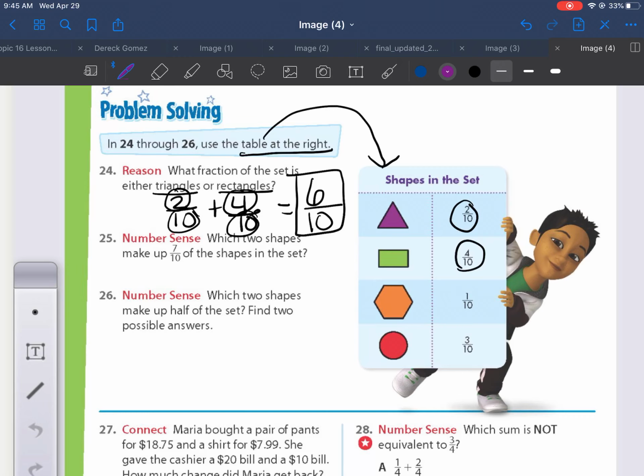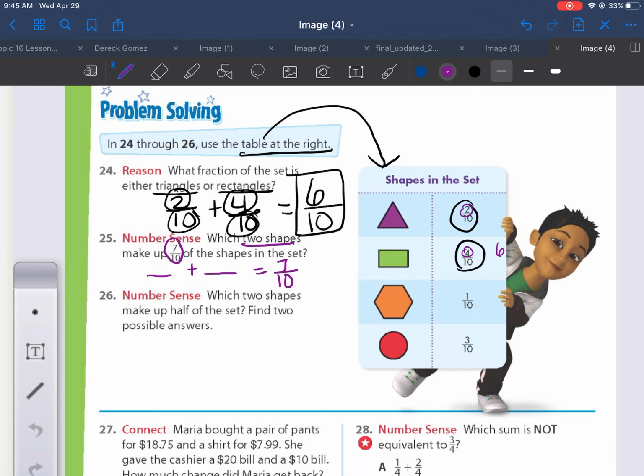Number 25. Which two shapes make up 7/10 of the shapes in the set? So I'm looking for two shapes, 1, 2, that when we add them make up, o sea, the sum will be 7/10. So let's look at our fractions on the table.